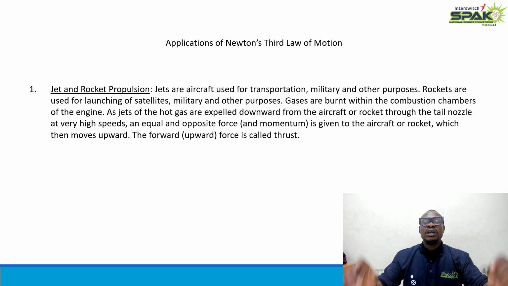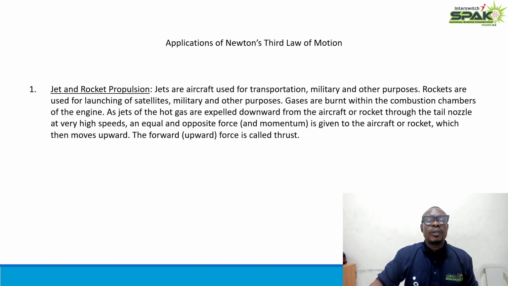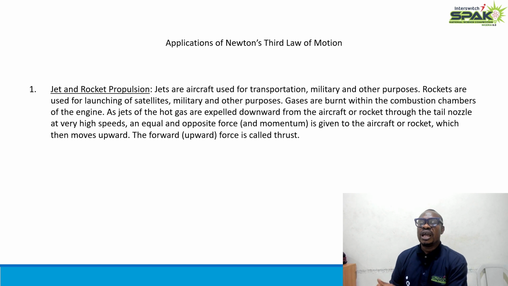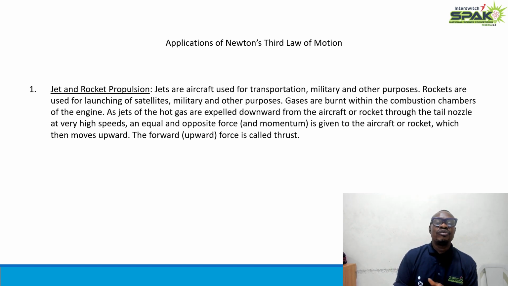So that is what we have in this explanation: jets are aircraft, and aircraft are used for transportation, military and other purposes. Rockets are used for launching satellites, military and other purposes. Gases are burnt within the combustion chambers of the engine, as jets of the hot gases are expelled downward from the aircraft or rocket through the tail nozzle at a very high speed, and an equal and opposite force and momentum is given to the aircraft or rocket, which then moves it forward.